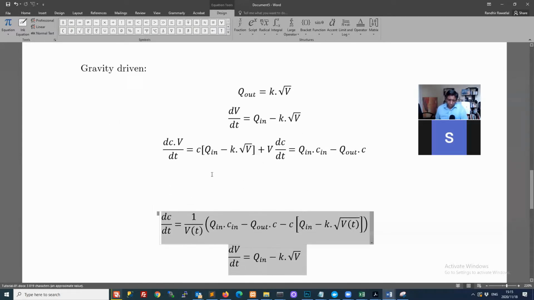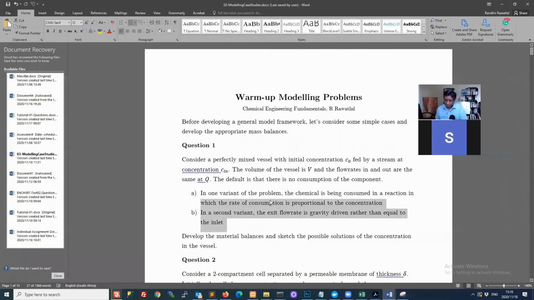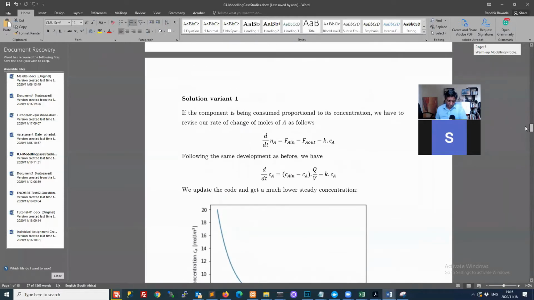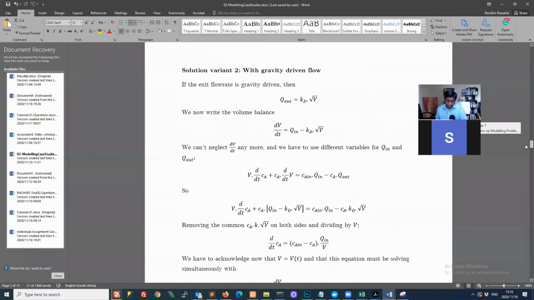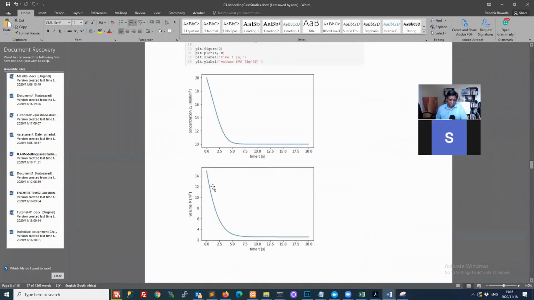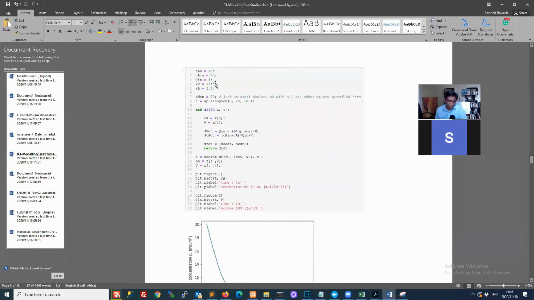Right, so we have these two equations now, and in the solution, I'm showing that variant. No, actually, we went into the second variant, not the first one. So all that development we've described, and here we are showing volume as it's changing. For these assumed constants, I set the gravity-driven exit constant to be this value, and 15 to be the initial volume.